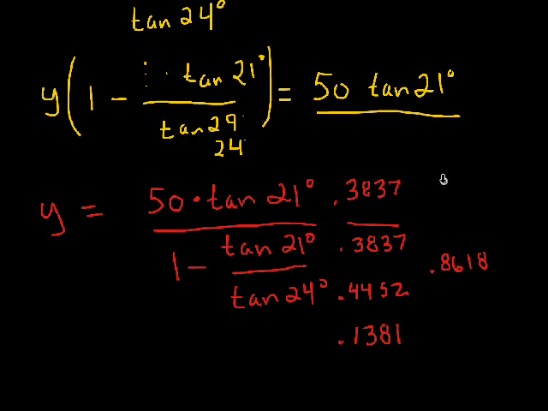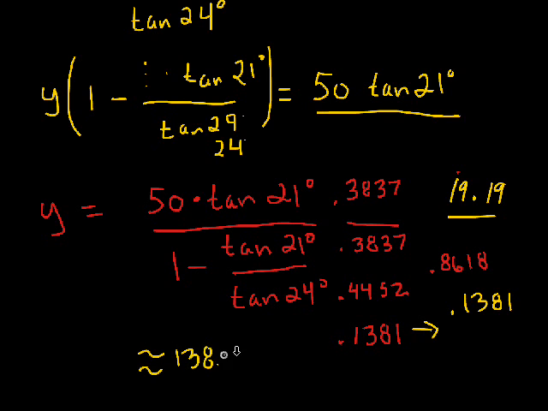So on the top here we have 19.19 divided by 0.1381 gives us the answer of approximately 138.9 or 140 feet about.